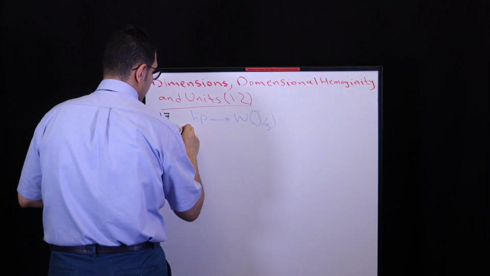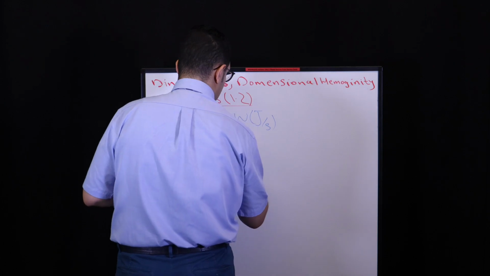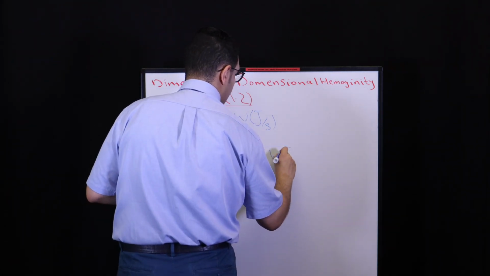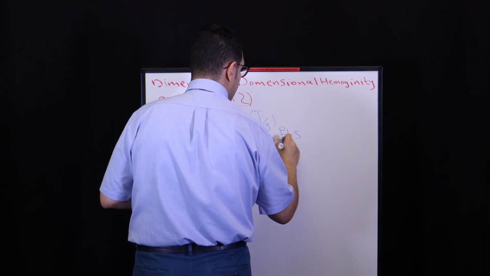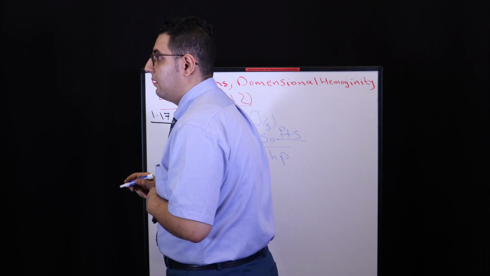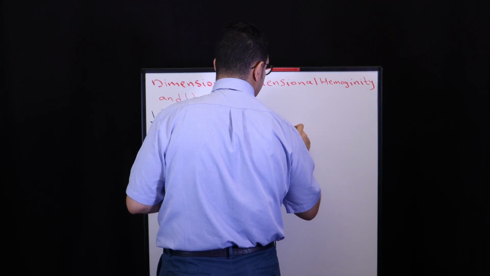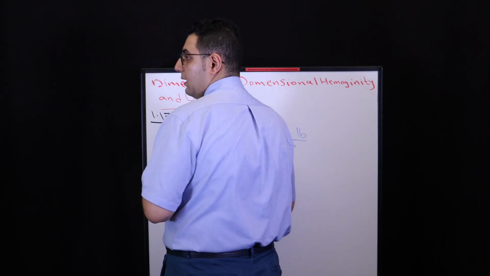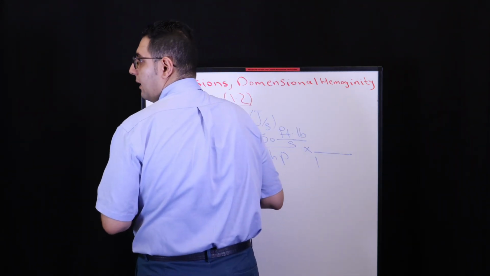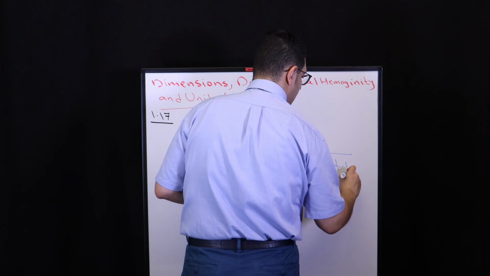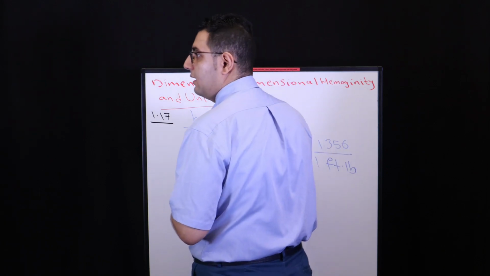We have 79.1 horsepower, and each horsepower is 550 foot pound per second. Excuse me, I just made a mistake. And each foot pound is 1.356 joules.